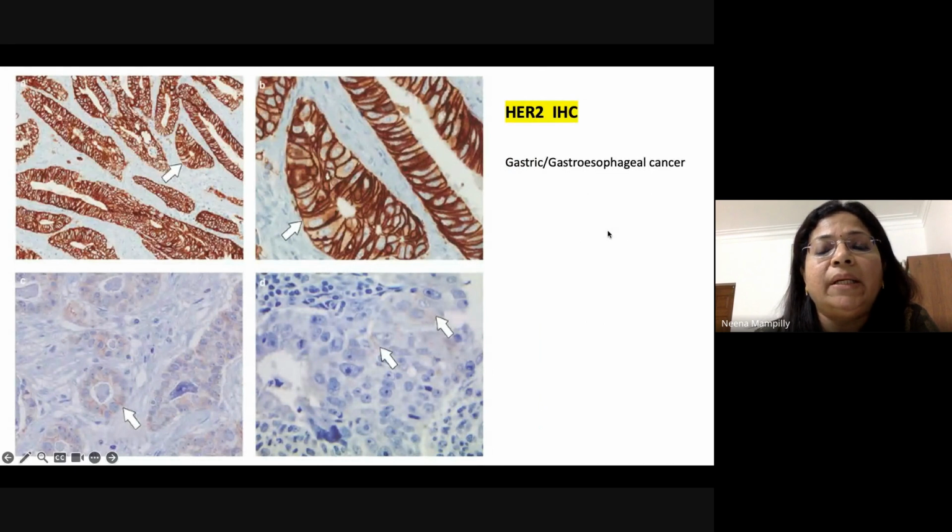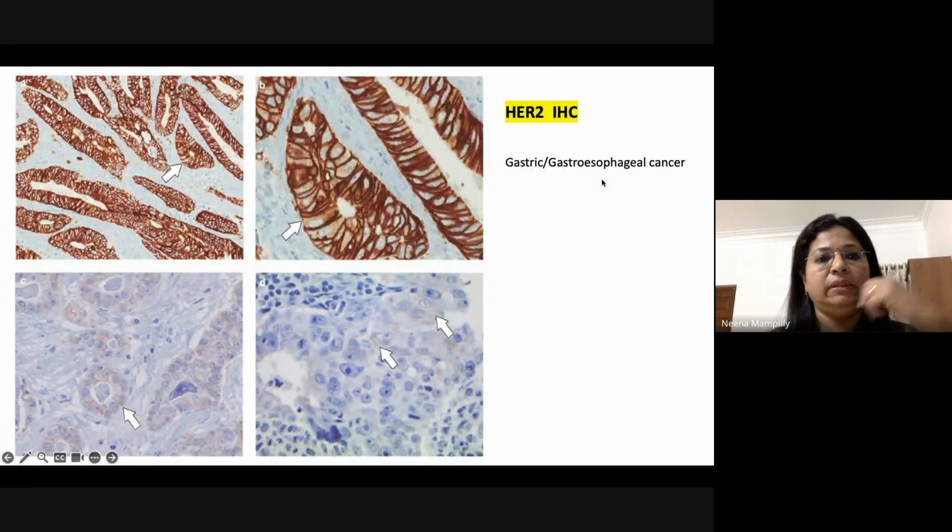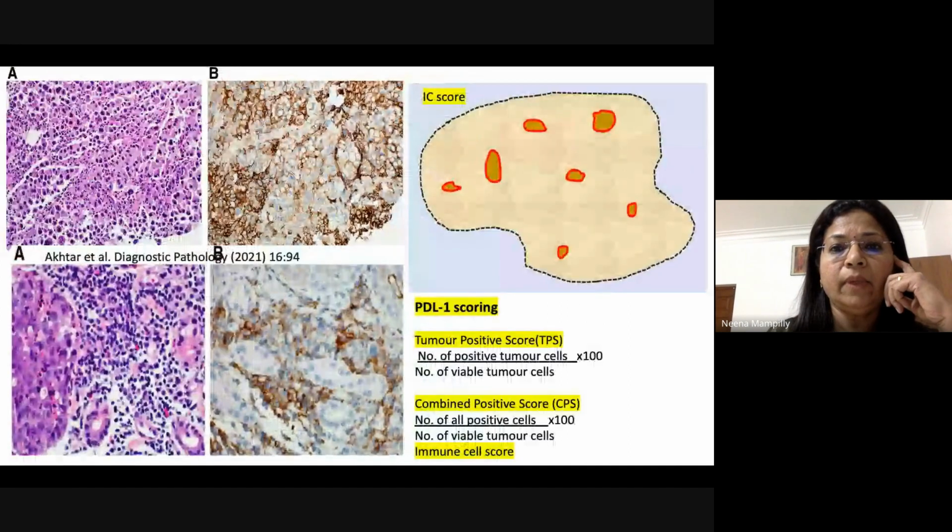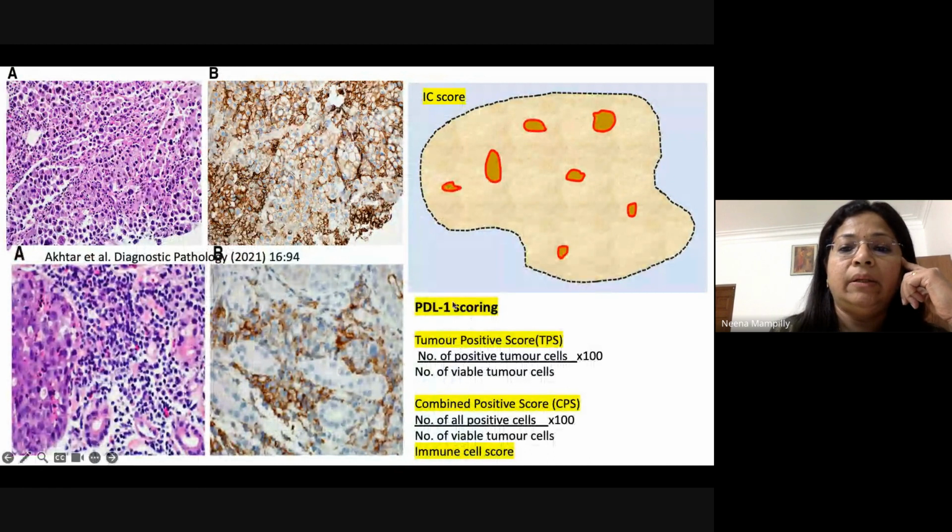HER2 is routinely done now in many cancers, including gastroesophageal cancers. And of course, the PDL1 scoring. PDL1 scoring is another very important aspect of precision oncology, where you look at the PDL1 expression on the tumor cells and also on the immune cells that are infiltrating the tumor.